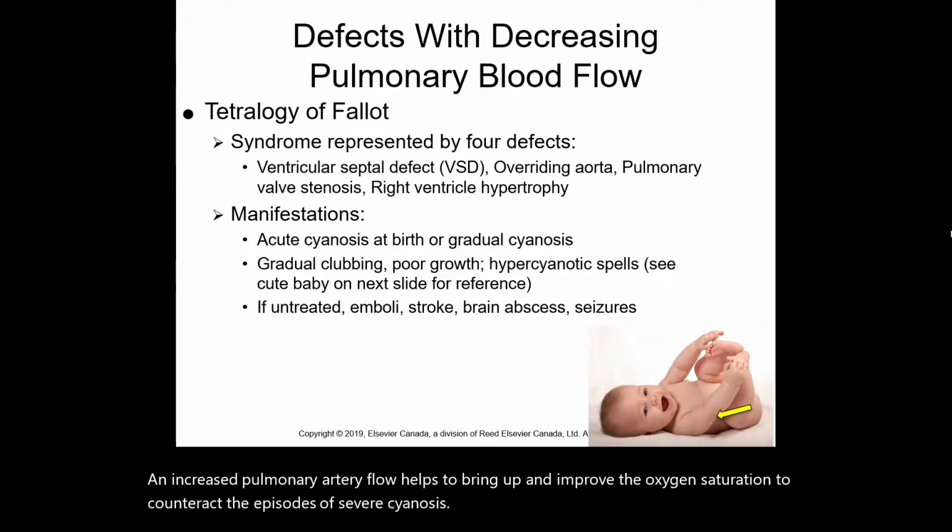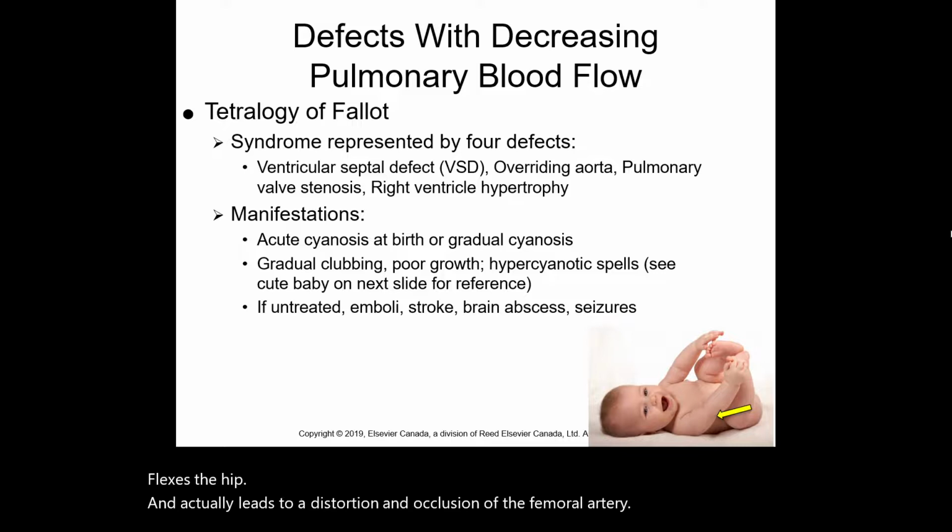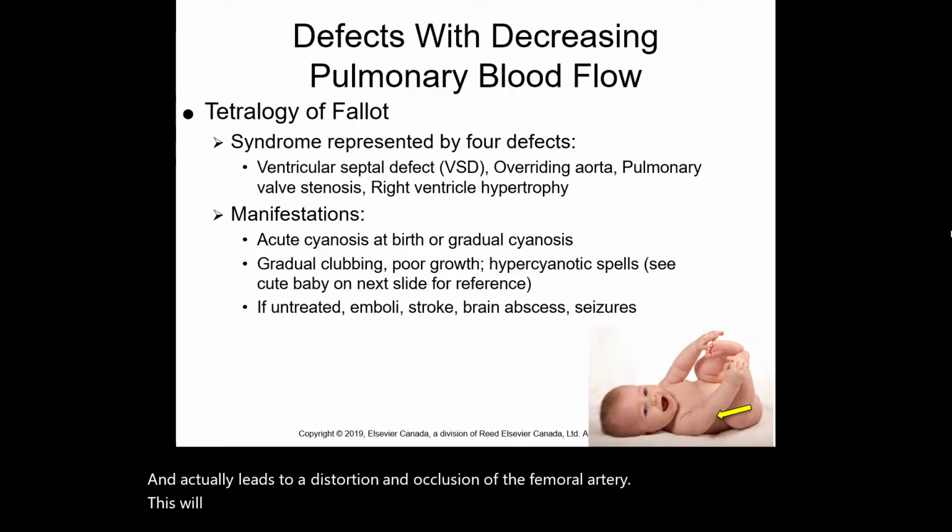Now you may be wondering how this occurs. The drawing in of the legs flexes the hip and actually leads to a distortion and occlusion of the femoral artery. This will lead to a sudden increase in the systemic vascular resistance.